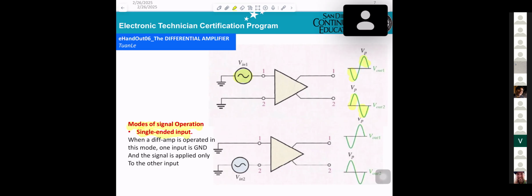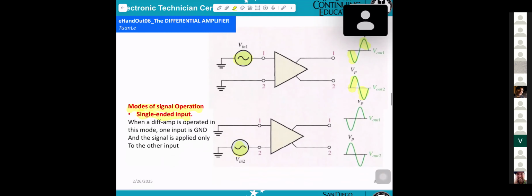When a differential amplifier operates in this mode, one input is grounded and the signal is applied only to the other input. That means one they apply for input 1, one for input 2, and they draw the output for you.